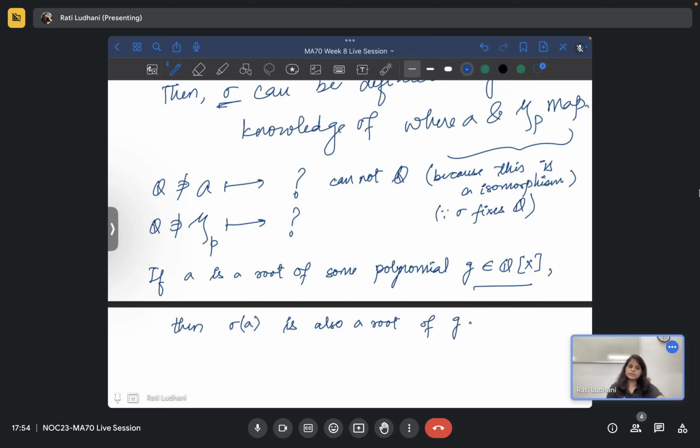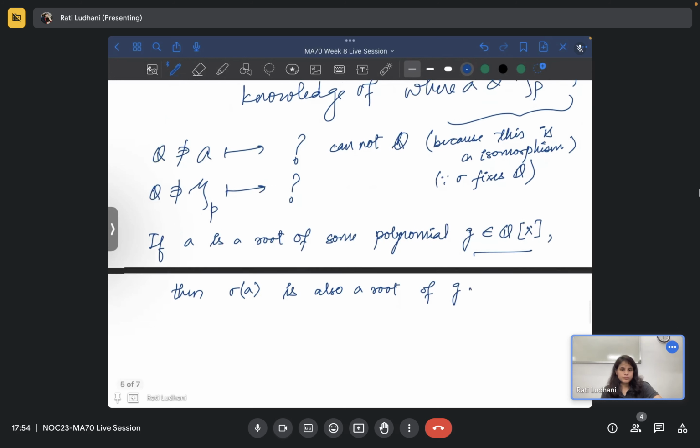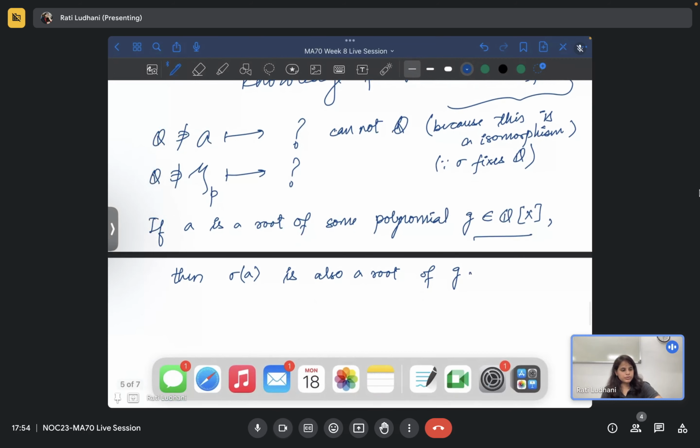Can you see it? So let's see what we mean by that.